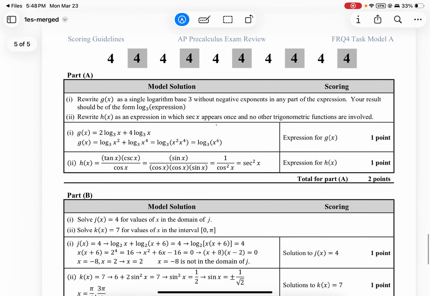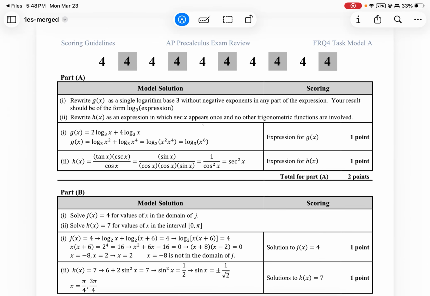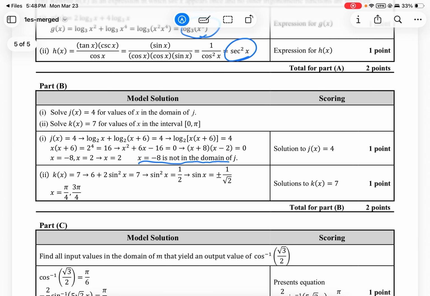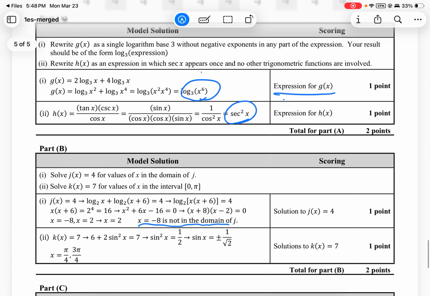All right, we have log base 3. Yeah, we got that right. Just equals secant squared of x. Their workflow looks a lot different than ours, but that's fine. Look right here. X equals negative 8 is not in the domain of J. You only need the solutions to these, right? You don't need any, write the expression, write the solution.